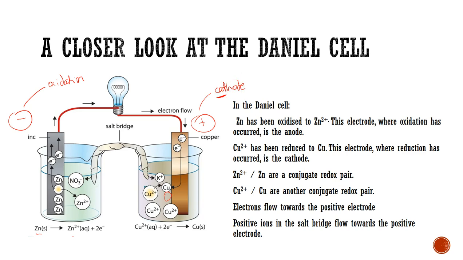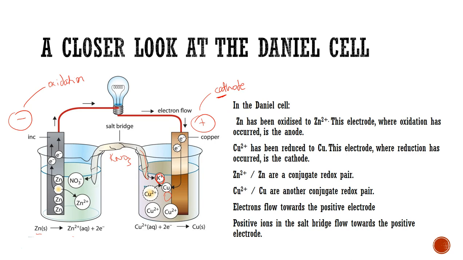And then remember how I said we had those KNO3 ions in the salt bridge? Well, what will happen is because we're using up positive charge in this cell over here, we need to balance that out. So the K plus ions will move out of the salt bridge into solution to balance out that loss of positive charge.